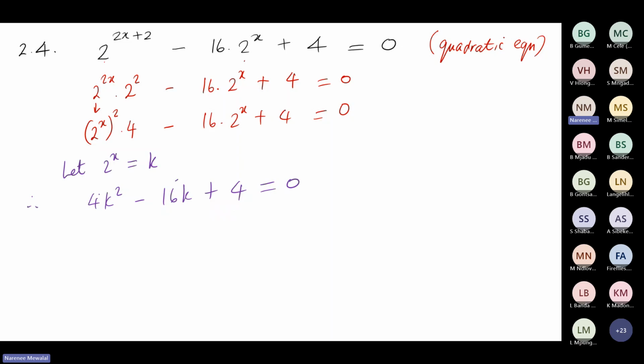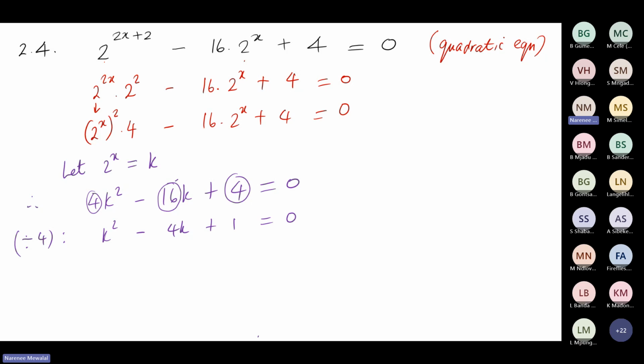You have a common factor of 4 throughout. And when you have a numerical common factor, you should ideally divide by that common factor. And you're going to get k squared minus 4k plus 1 equals 0, right? Now, you will try to factorize this, and you're going to find that it doesn't factor.